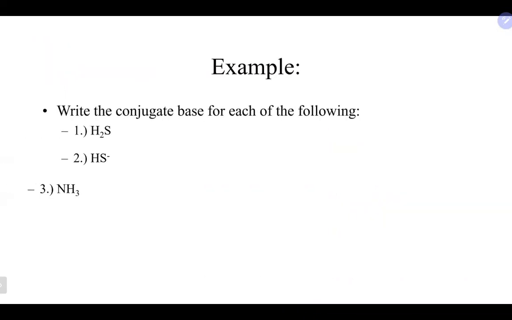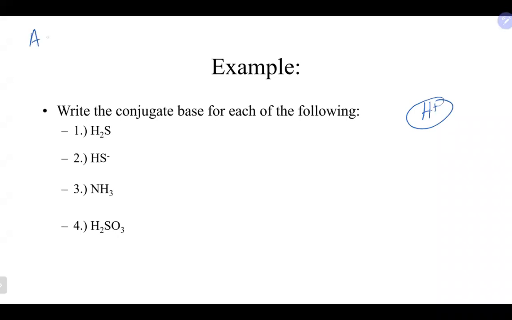All right, so for these, why don't you write the conjugate base? Write the formula for the conjugate base. Okay, let's take a look. Once again, you should know that the difference would be that H plus, but oftentimes people wonder whether they should put it on or take off the H plus. The way you can think about it is through the definitions of an acid and base and the relationships we talked about.